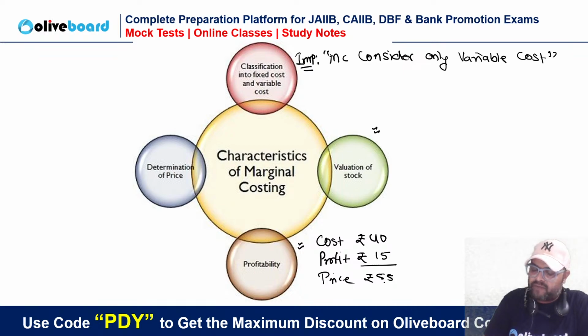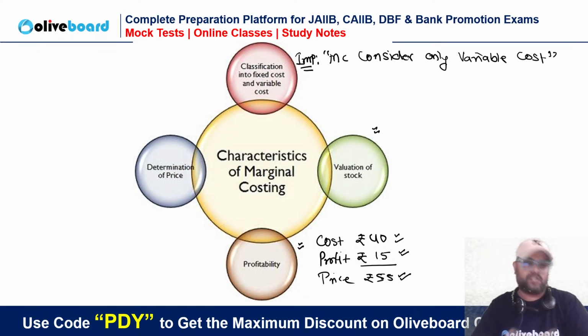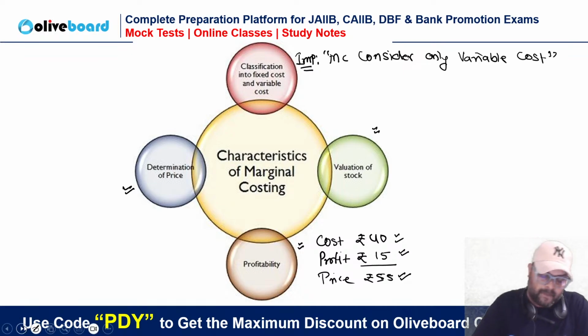Rupees 55, that will be the price of the product. So deciding the price, looking into the profit and calculation of the cost, that's the key task or key feature of marginal costing, that price determination.